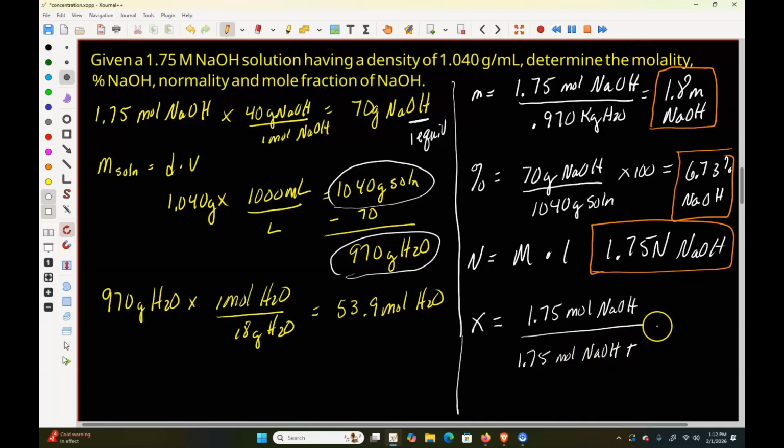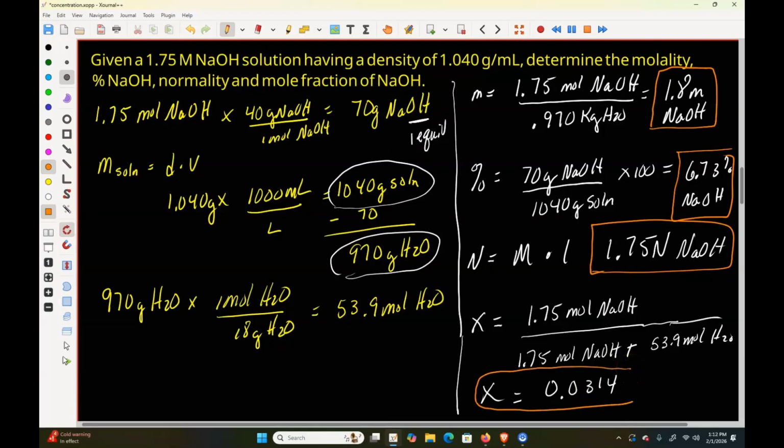And we say we have 53.9 moles water. So it gives me 0.0314 for my mole fraction. And that will be for the sodium hydroxide.